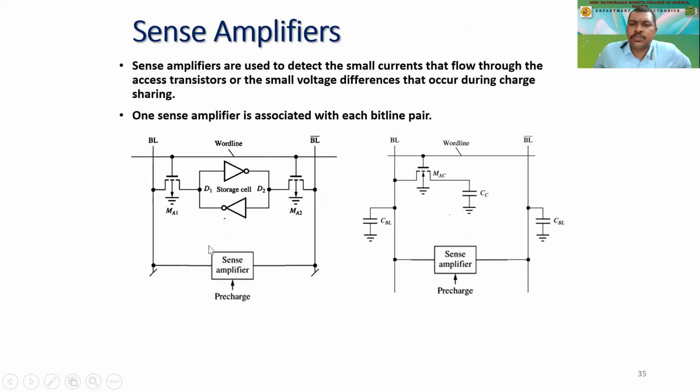The same case applies to the 1T cell and to the 6T cell combination. We have D1, D2, two cross-coupled inverters over here, and these are MA1 and MA2. This is the simplified diagram, and the sense amplifier is connected across both terminals, that is bitline and bitline bar. This sense amplifier is nothing but a comparator, which is going to compare both the voltages, right?